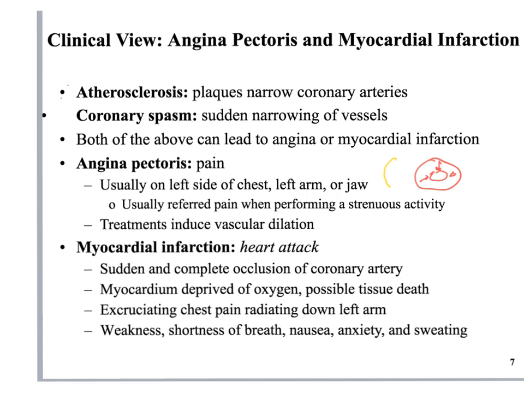Angina pectoris is just pain, usually on the left side of the chest, left arm or jaw, and it's usually referred pain. What does referred pain mean? Coming from another place. It's not that your arm hurts; it's not your bicep. The pain is being caused in the heart, but it's being referred to someplace else.